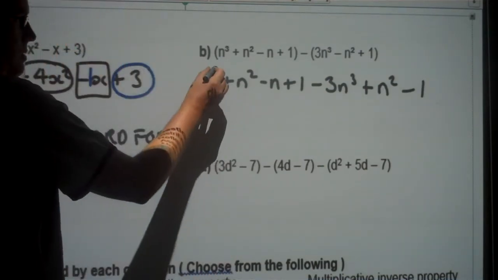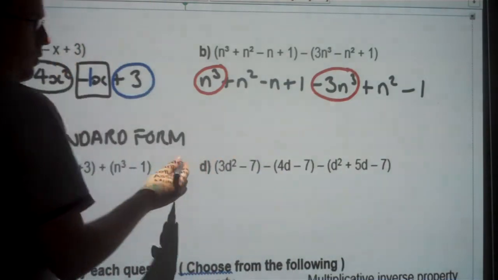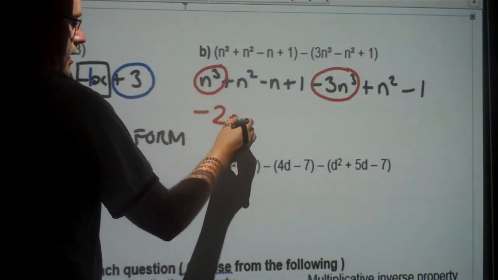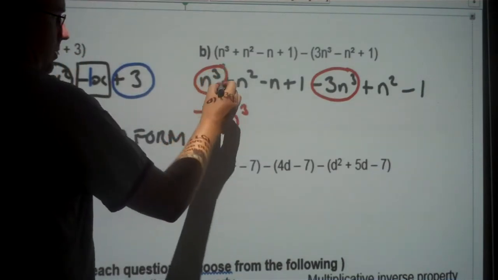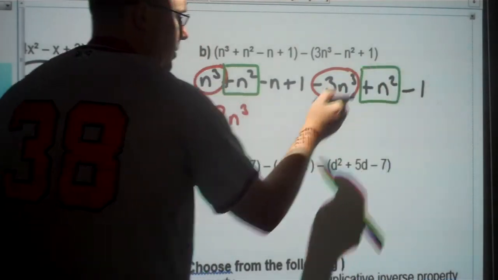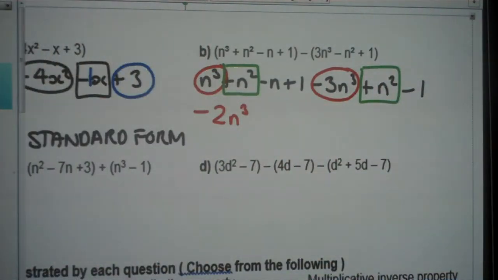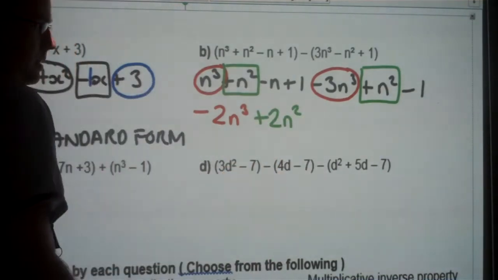So starting off with cubes first, I've got 1n cubed minus 3n cubed. So 1 take away 3 is negative 2n cubed. Next term I've got is n squared, so I've got positive n squared. And I've got another positive n squared, so positive 1 plus 1 gives me positive 2, so plus 2n squared.